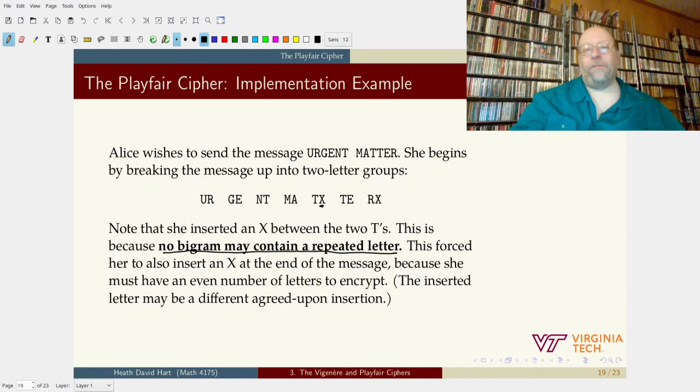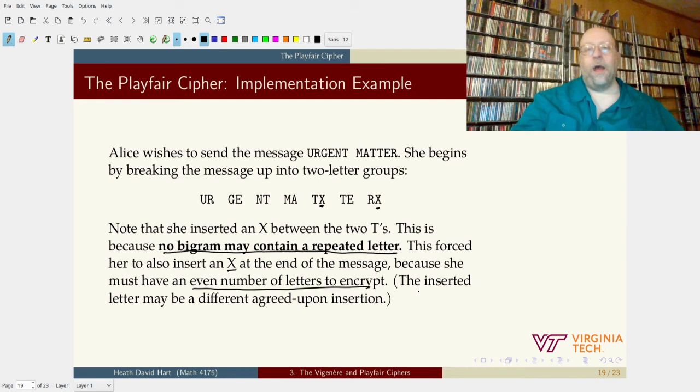It doesn't have to be an X, just something that Bob will recognize as being an extra letter. Okay? Then TE, and then an R, and then I had a space left over after the R. So I also have to insert an X at the end of the message to have an even number of letters to encrypt.